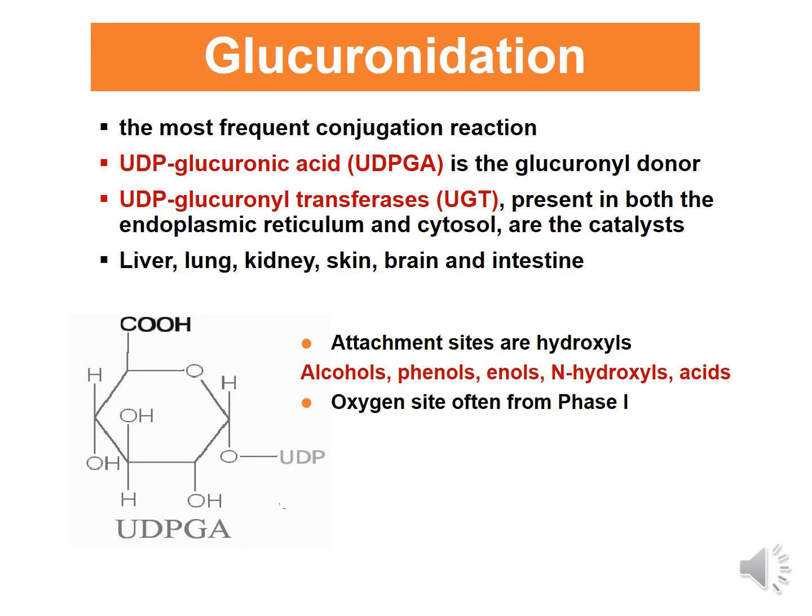Liver, lung, kidney, skin, brain, and intestine contain this enzyme. Attachment sites are hydroxyls of alcohols, phenols, and hydroxyls of acids, and the oxygen site often comes from phase 1.